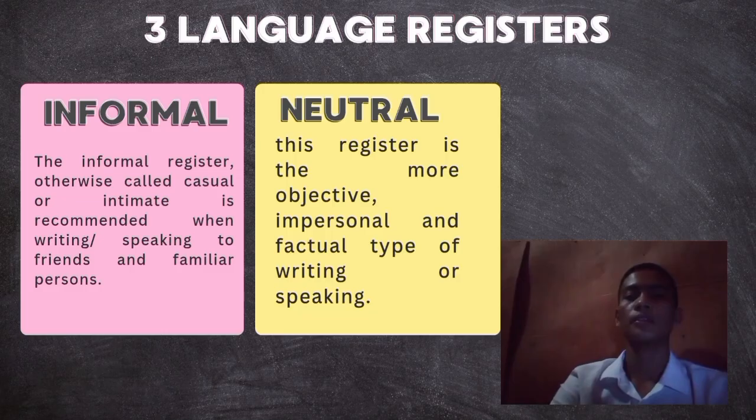Next is neutral. It is used for a more objective, impersonal, and factual type of writing or speaking. It's neither formal nor informal. So it's just neutral, more objective on fact and message.